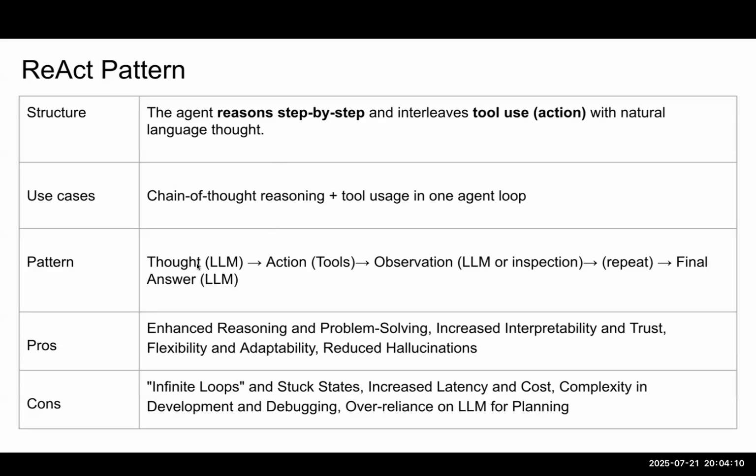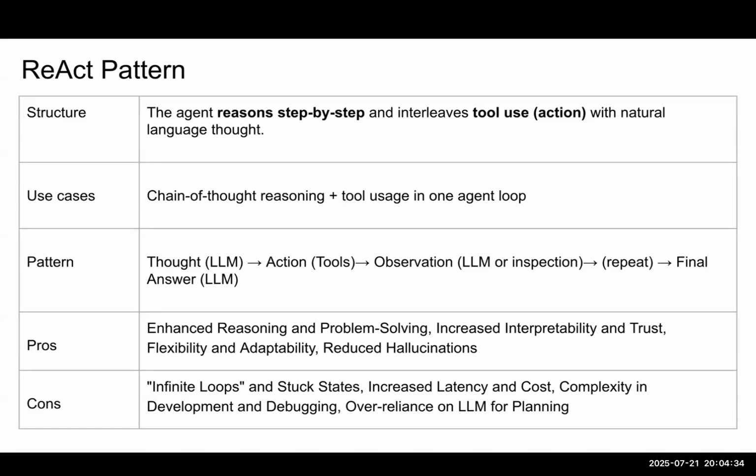So the pattern is like this: a thought. A thought can be formed using an LLM. I know there is a prompt here which is missing. So then the prompt, then there is a thought, and then we go through the tools and observe from the tools. You can either use an LLM or you can inspect the output from the tool yourself. If it's a very simple result like numerical, you don't need an LLM to inspect.